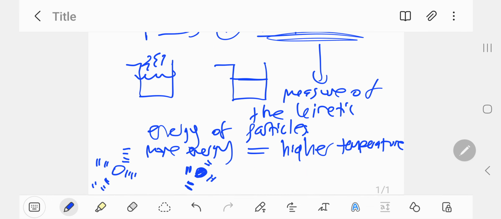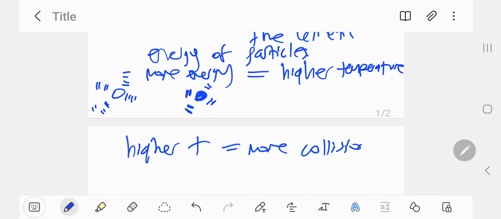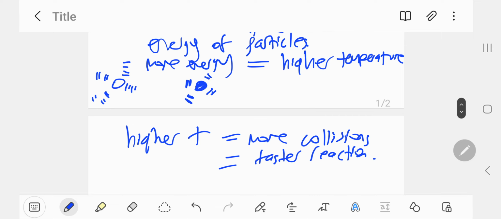More collisions means you've got a faster reaction rate. So higher temperature equals more collisions, which equals faster reaction. So that's one way to increase the rate of a reaction. Just increase the temperature.